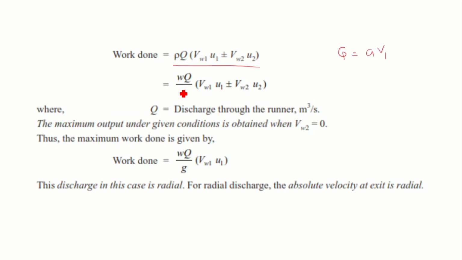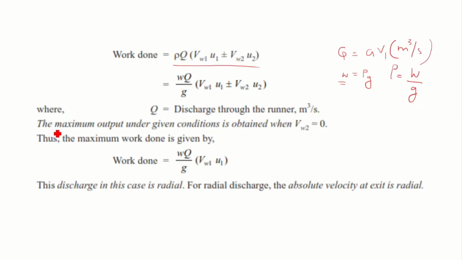Now, W is equal to rho g, where W is the weight density. So rho is equal to W by g. The expression becomes W by g Q into (VW1 U1 plus or minus VW2 U2). Q is the discharge to the runner, in meter cube per second.